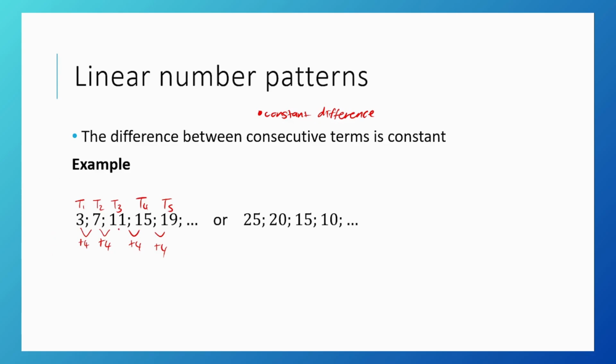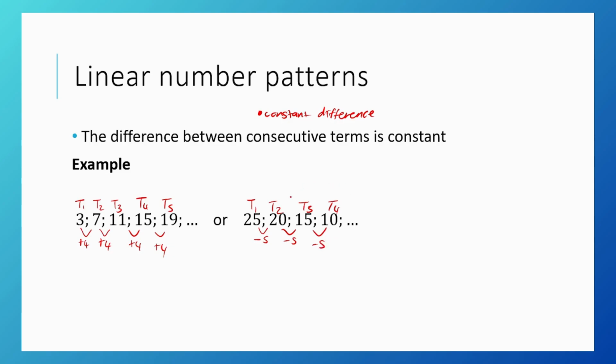So our terms are increasing. Similarly, here, if we label them also, you'll see however the numbers are getting smaller by 5. So our constant difference is minus 5. Not 5, minus 5.